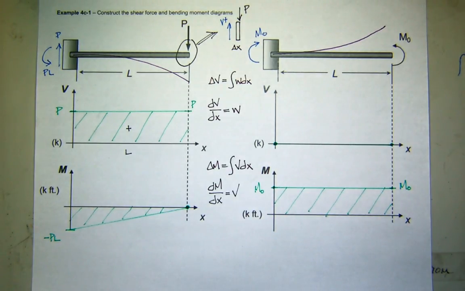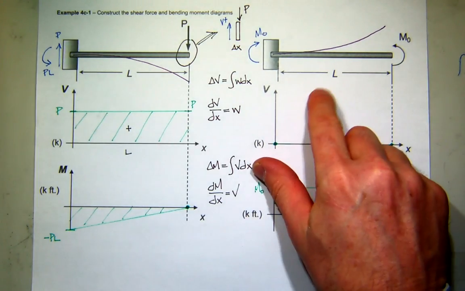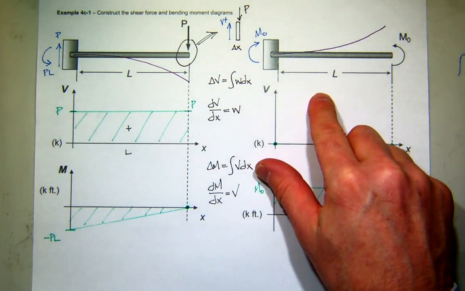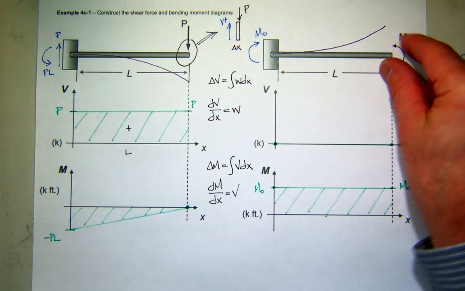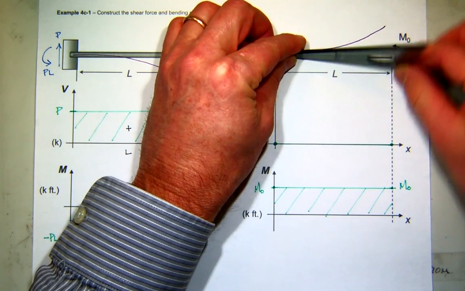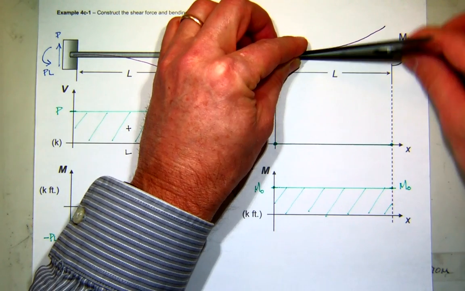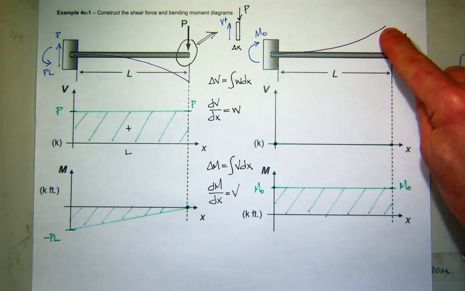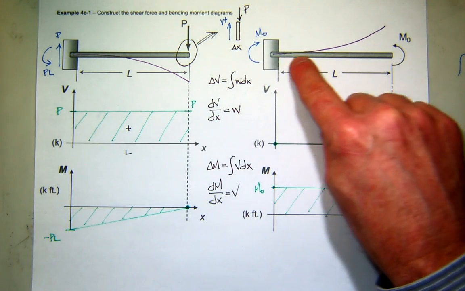Can you explain quickly again about the moment for this one? On the right-hand side? Well, if I twist this, is it going to go that way or that way? It's going to go up, so it has to bend like this. So what does that look like?